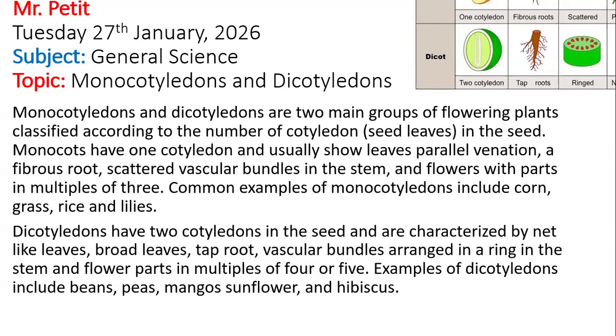Mr. Petit, you never gave us the word reticulate for the type of leaves. Reticulate basically means net like. So that question, what number is that? Reticulate, so let me put net like. You might not know what that is.